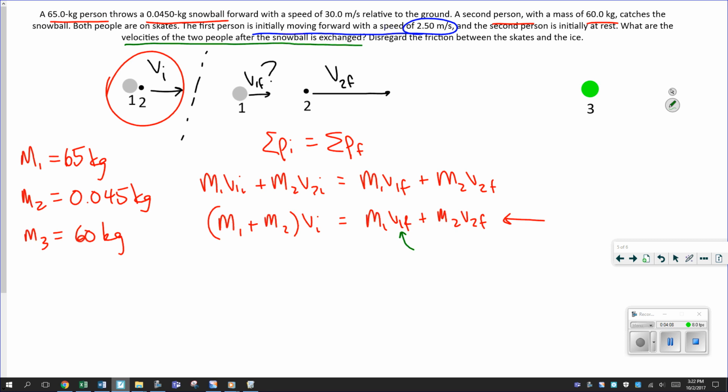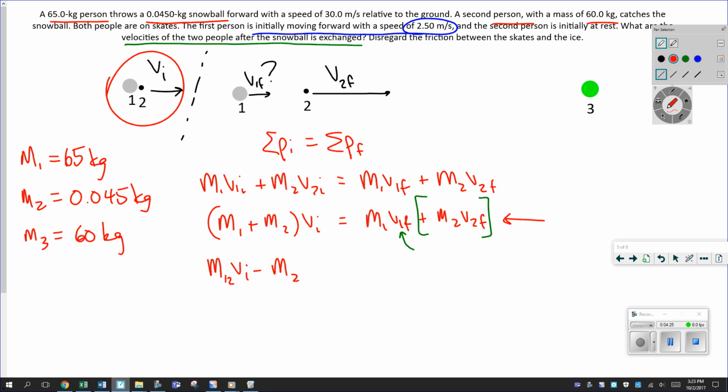So algebra says to solve for V1F, first I've got to undo the fact that M2 V2F is added. So now watch this. I'll even change my notation a little bit. M1 and 2, the initial, minus M2 V2F equals M1 V1 final, divide.